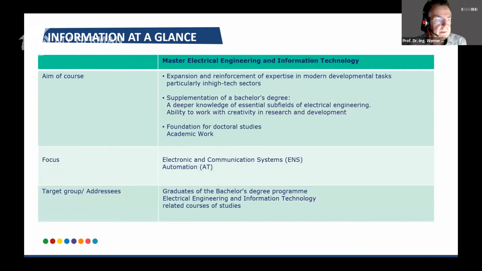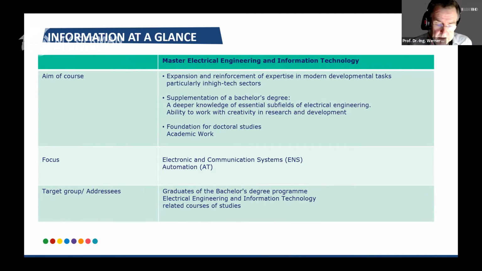The aim of the course is actually expansion of the expertise which you have gained in your bachelor's already, and we will expand this expertise for modern development tasks, particularly in high-tech industries. High-tech is given at many companies in Bavaria, as I have already shown in the graphs just before.